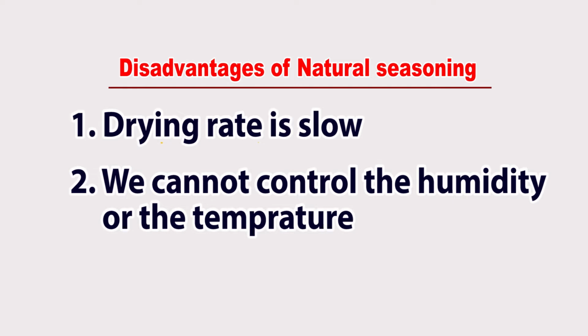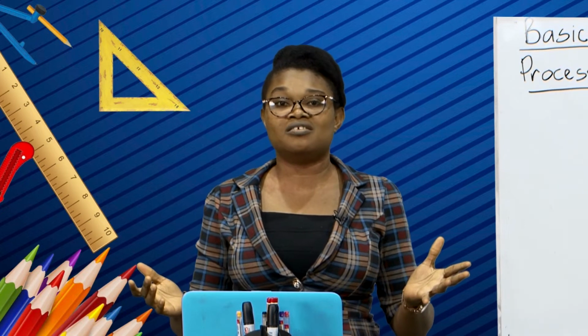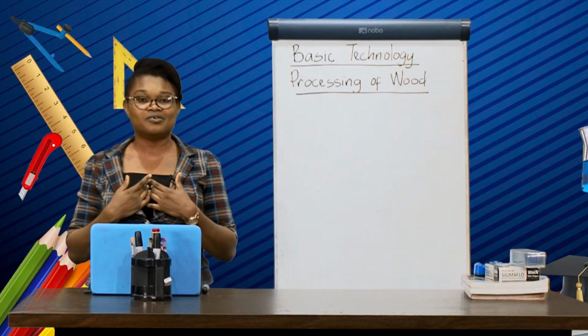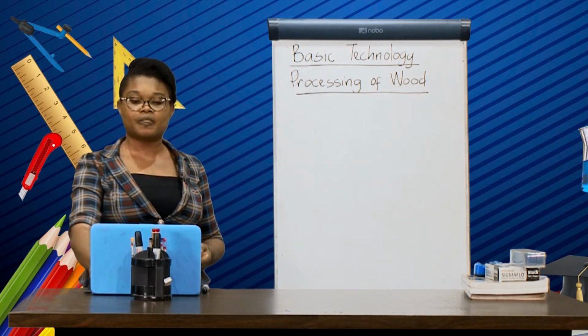And number 2, we cannot control the humidity or the temperature and even the speed of the air. Why? Because it's nature. You cannot control nature, and I cannot control nature.